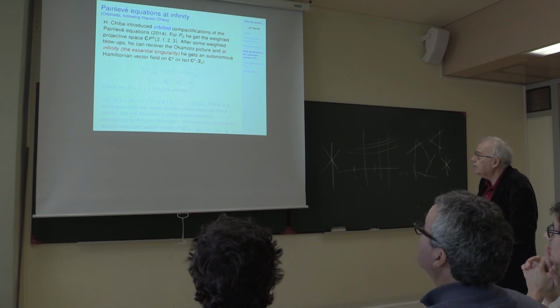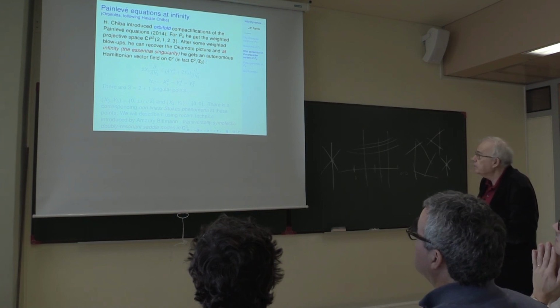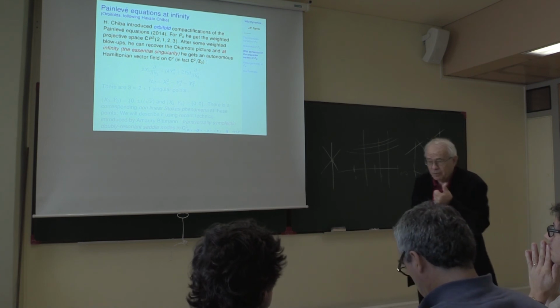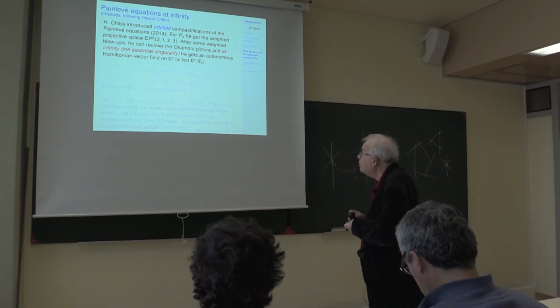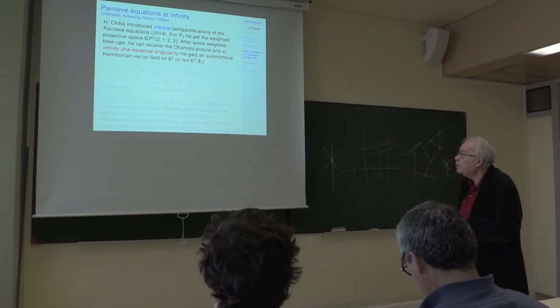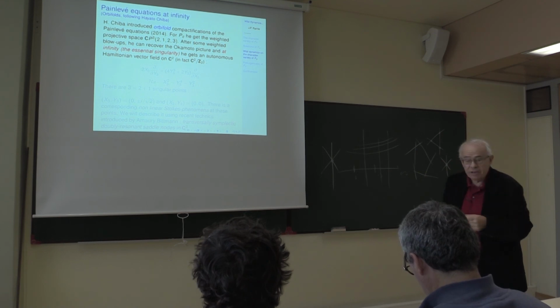Recently, a young Japanese mathematician, Chiba, introduced orbifold compactification of all the Painlevé equations. The situation is different for P5, P6, P3, and on the other side you have P4, P2, P1. For P4, P2, P1, by the Chiba method, you get a weighted projective space.